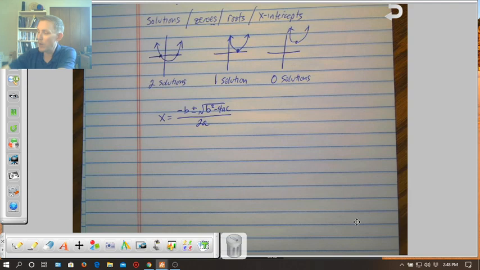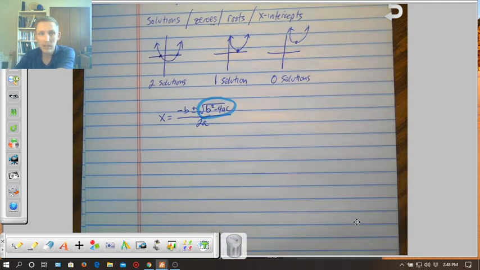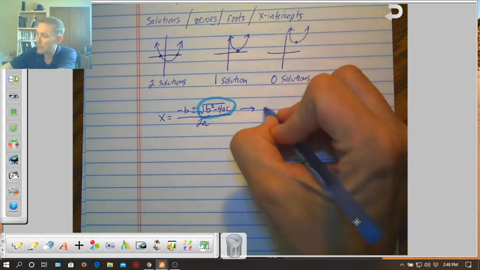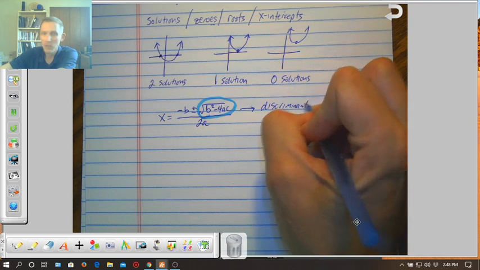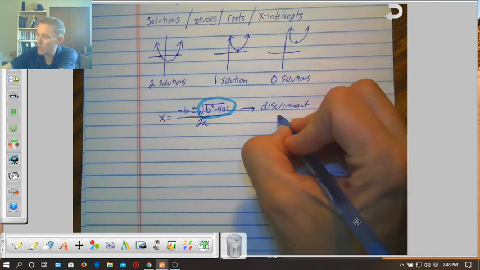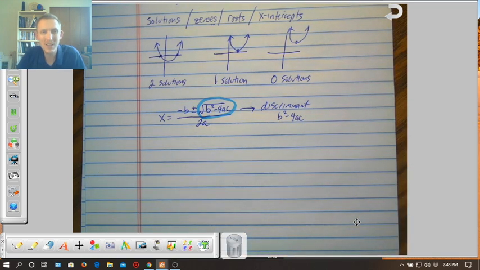Now this piece right here is significant. That is the discriminant. The discriminant is the b squared minus 4ac, or the portion that is underneath the radical.